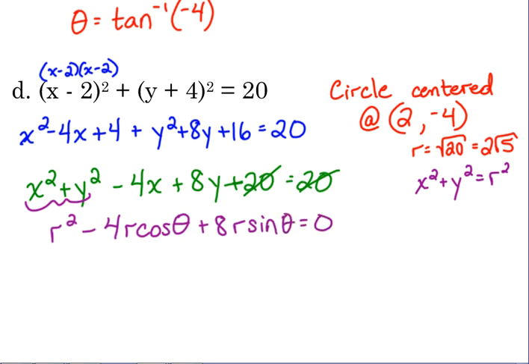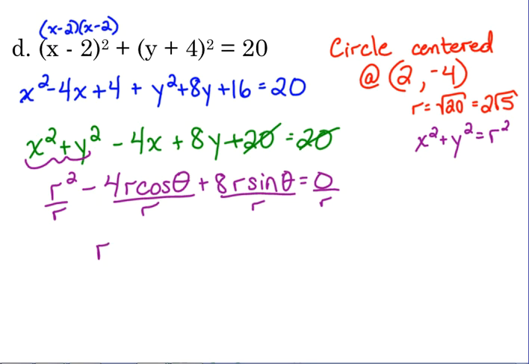And that's equal to 0. Since all of those have an r, we can just divide everything by r. We have to divide both sides of the equation, but in this case, it's okay because 0 divided by r is just 0.